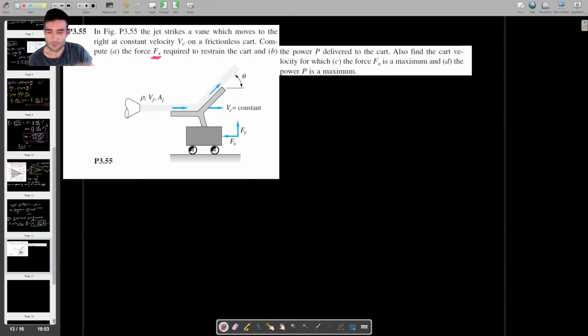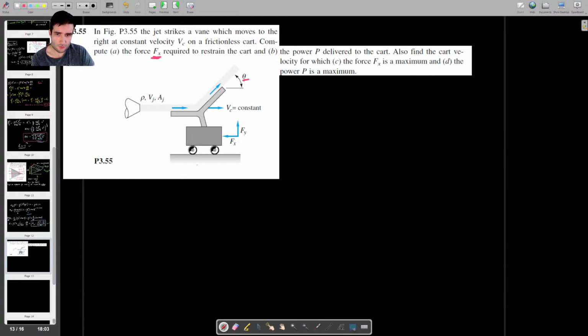So let's try to understand what's happening here. We have a cart that's stationary, and then we fire this water jet onto it, which is traveling and then being deflected by an angle theta, like this. And then the cart starts moving, and we need a force to restrain it.